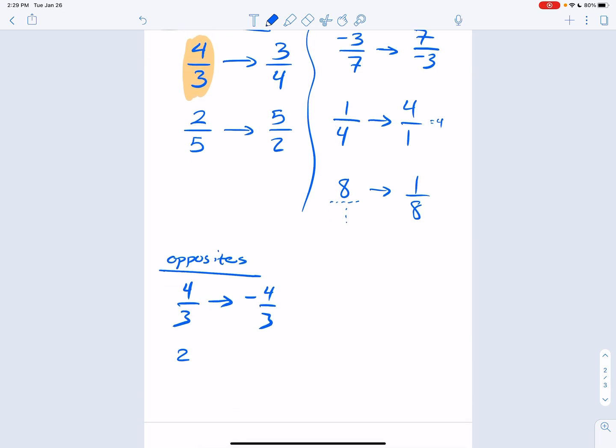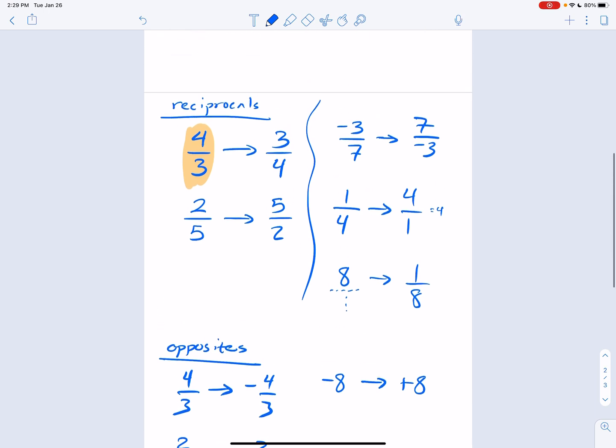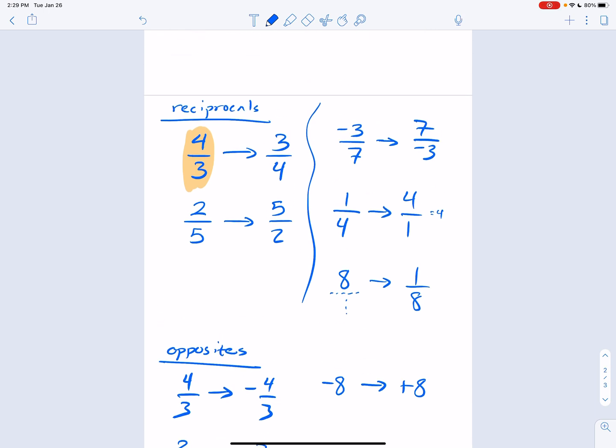The opposite of 2/5 is negative 2/5. The opposite of negative 8 is positive 8. When you're saying the opposite, it's the same number, but you switch the signs. When you say reciprocal, you're flipping the fraction.